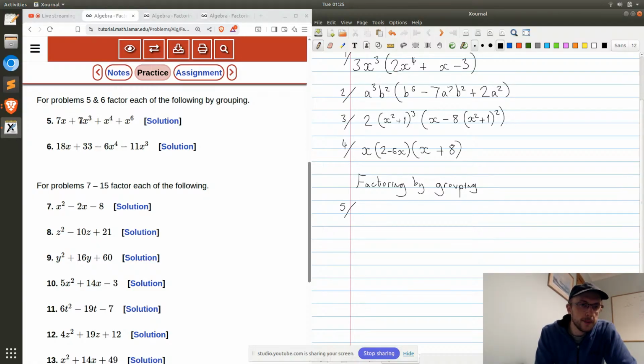Okay, well, we can factor out 7x from the first two, to obtain 1 plus x squared. And then we can factor out x to the 4 from the latter pair to get 1 plus x squared.